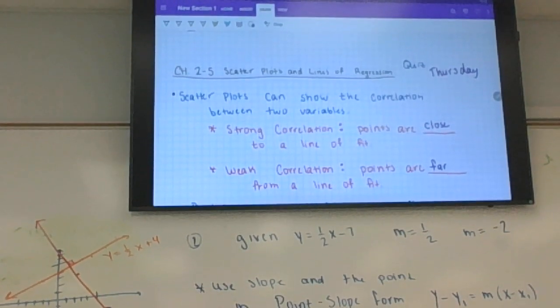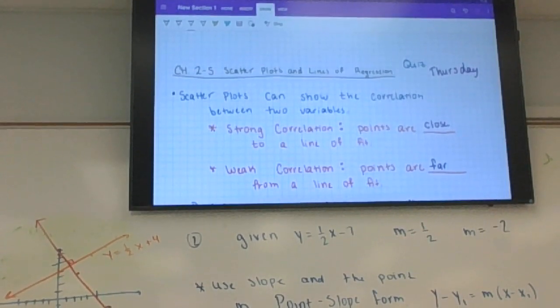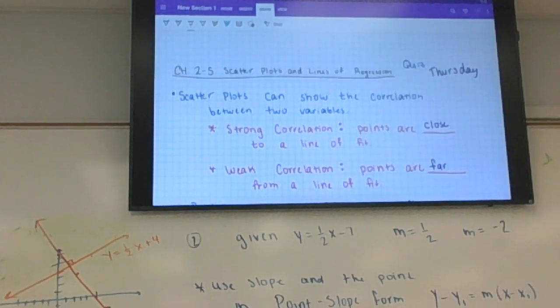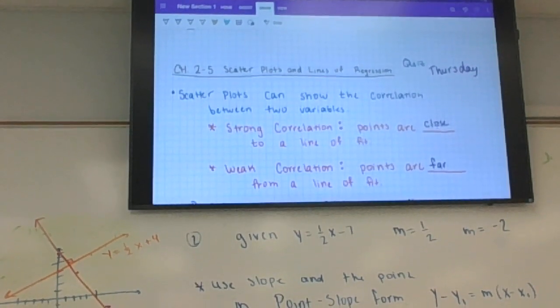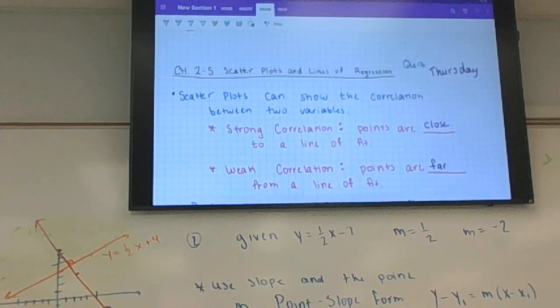No, look. So Monday, a weak correlation means the points are just all over the place. This data is unreliable because there's a weak correlation. This data is all falling very close to the same line. That's a strong correlation. This is reliable data.